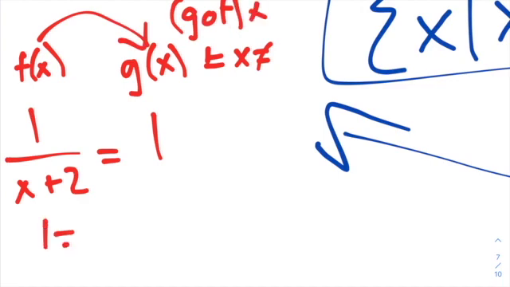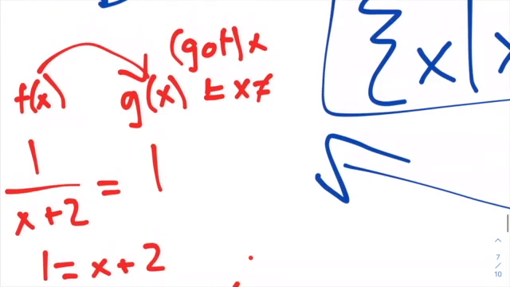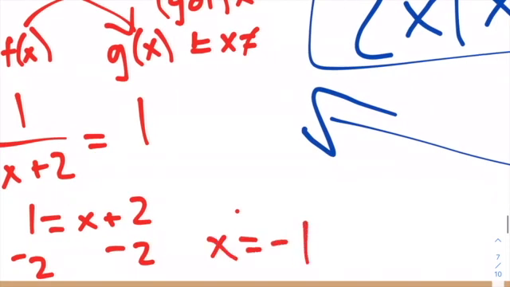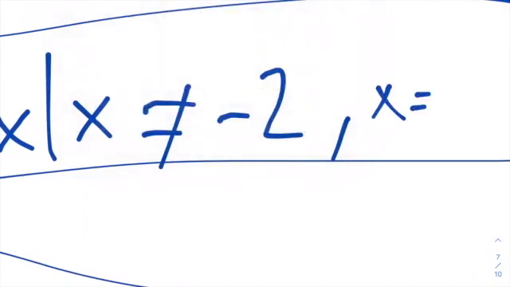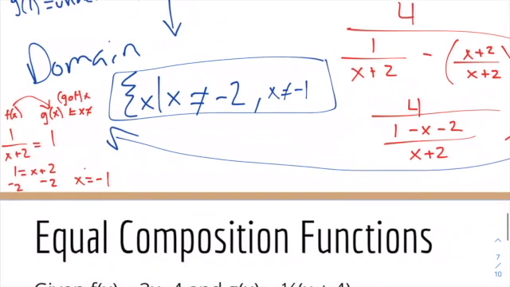I find that 1 is equal to x plus 2 when I multiply both sides. I subtract 2 on both sides, and I end up with x cannot be negative 1. And you would find there that, yes, when I actually did my original math, that worked out.